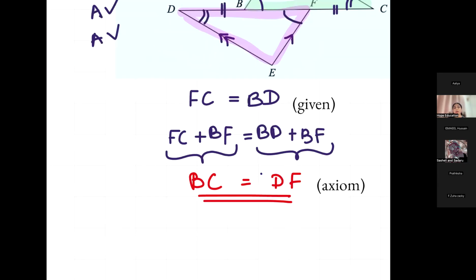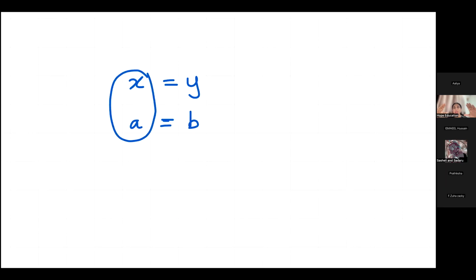Now, if you remember in grade 9 we said something like this. Let's take an example. Let's say x is equal to y. Then I will say a is equal to b. Since x is equal to y and a is equal to b, I can combine these two equations.